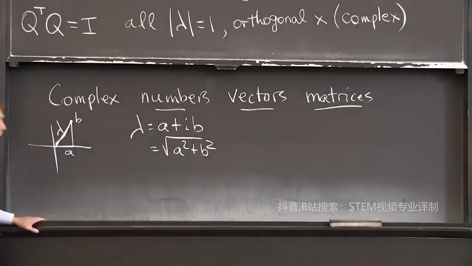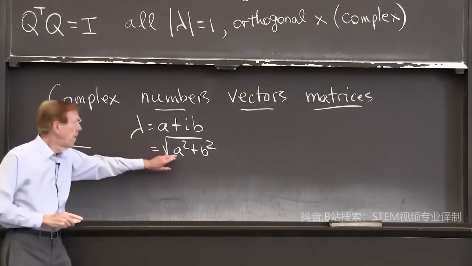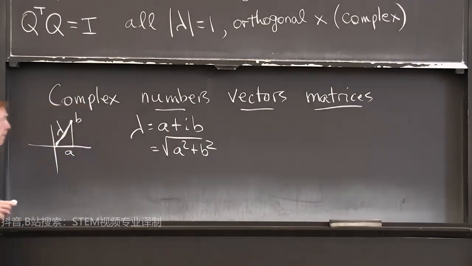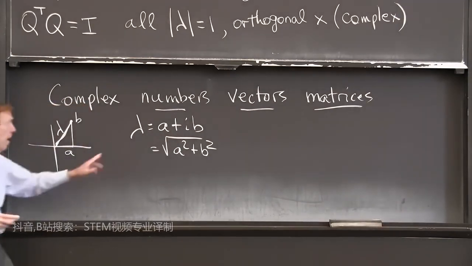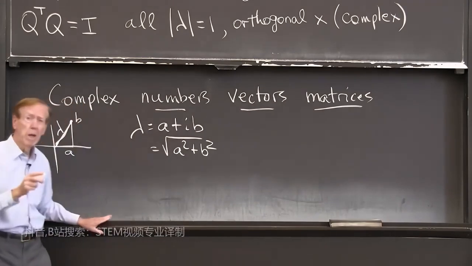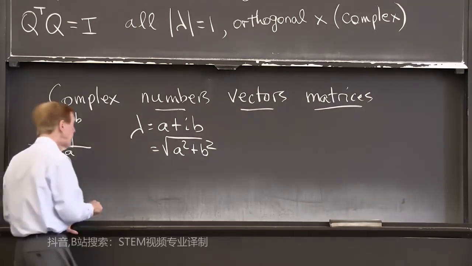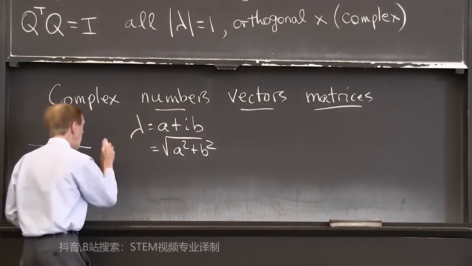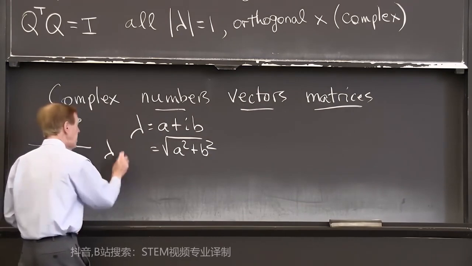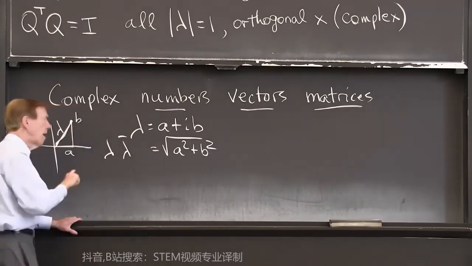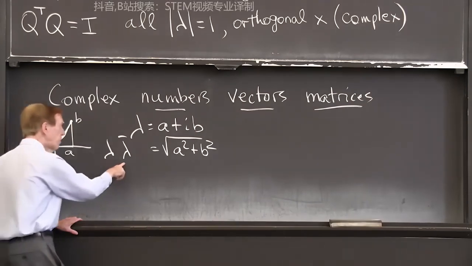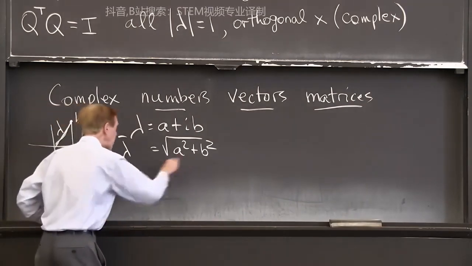And notice, how do I get that number from this one? It's important. If I multiply a plus ib times a minus ib, so I have lambda, that's a plus ib, times lambda conjugate, that's a minus ib, if I multiply those, that gives me a squared plus b squared.